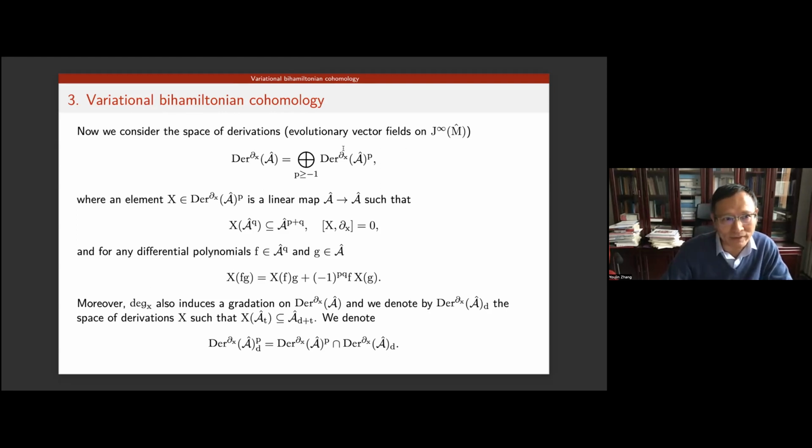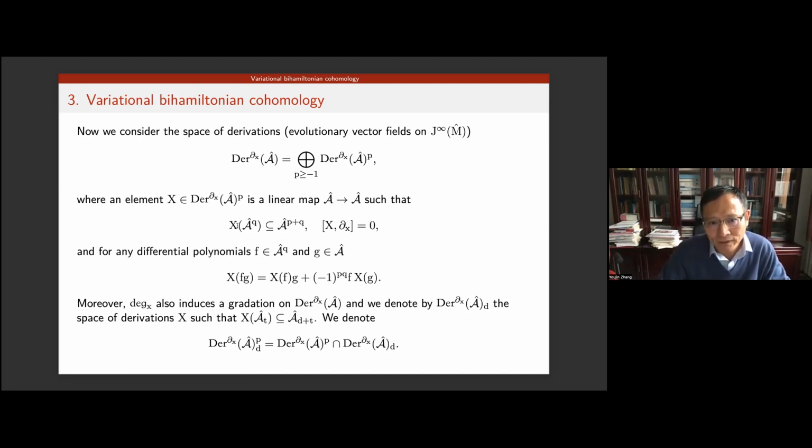So it means that we consider derivations. An element of derivation means that there are linear maps on the space of local functionals, not local, on the space of differential polynomials of the supermanifold.